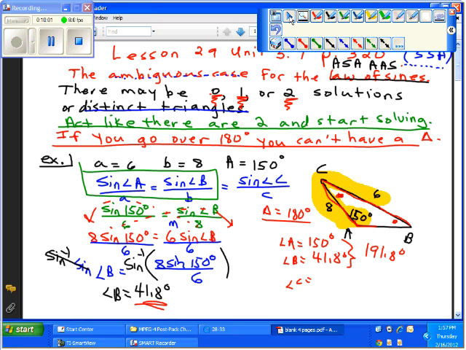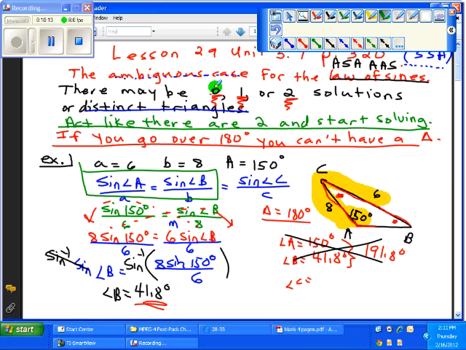You can't have a triangle like that. So that tells me that on my very first try, I ran into a problem. Therefore, there are 0 triangles that can be formed with that situation. So there's 0 solutions. Okay? Any questions on that? Okay.